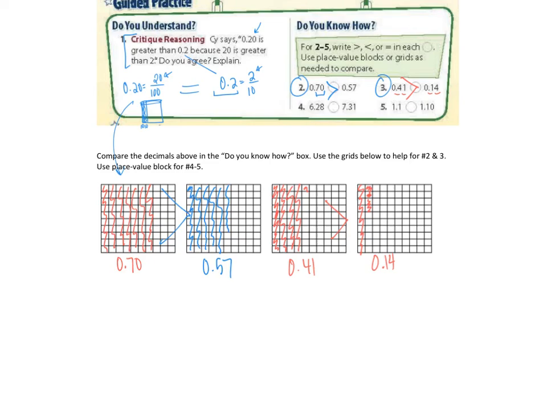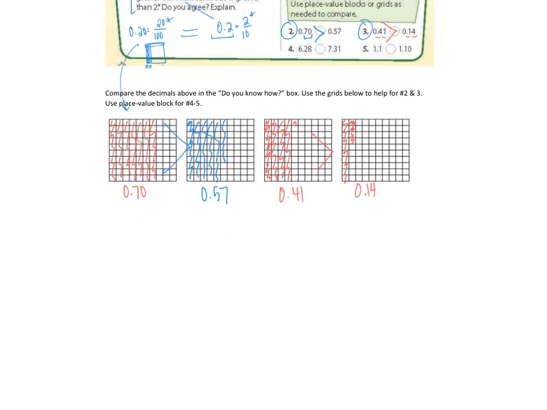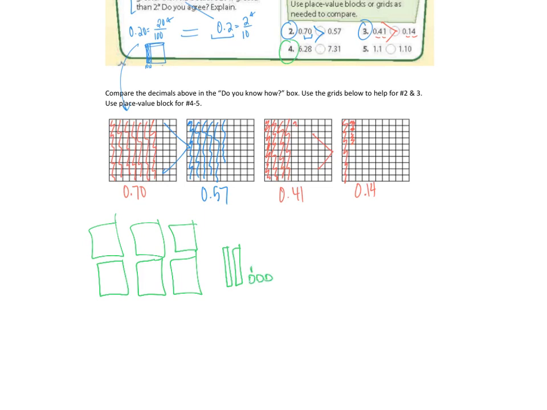For parts 4 and 5, let's look at the place value blocks. Number 4 says 6 and 28 hundredths. So I have to have those whole blocks, and I'm going to have 6 of them. And then I'm going to have 28 hundredths, so 2/10, and then 8 of the little hundredths.